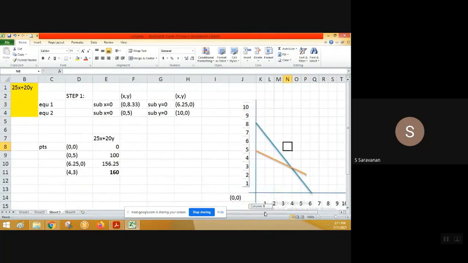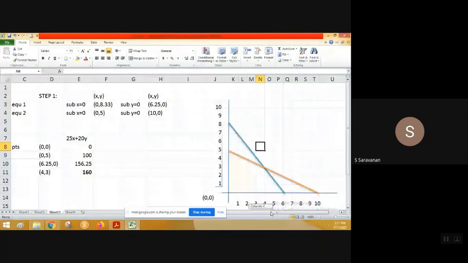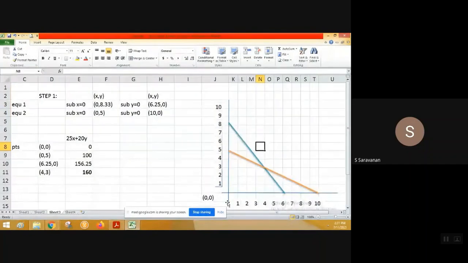The first coordinate is 0, 8.33. See here, x is 0 and y is 8.33. You can see that I have drawn that line a little bit higher. In the same equation, if you substitute y, it is 6.25, 0. See here, 6.25, 0.